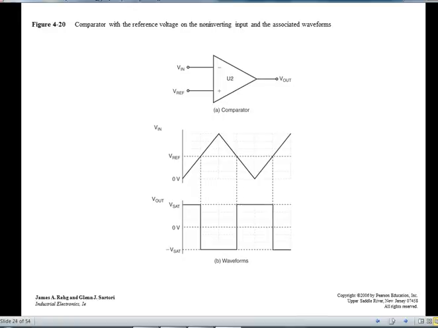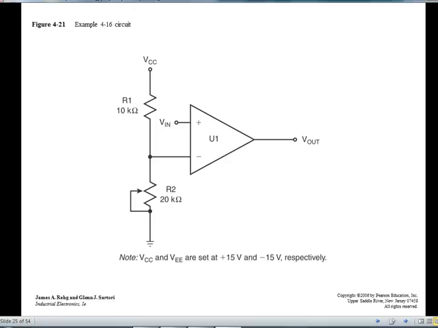I can go in and change my reference point a little bit. I've now put the reference on the positive side, the in on the opposite side. Now I have a little bit different waveform, but I'm doing the same thing. Okay, now I'm changing my reference point.